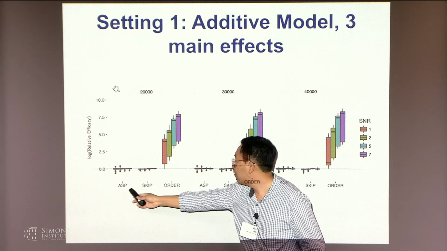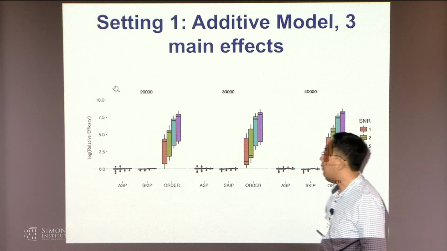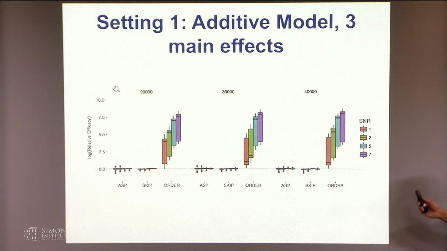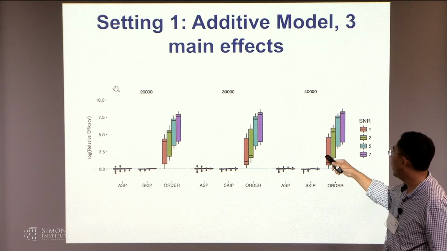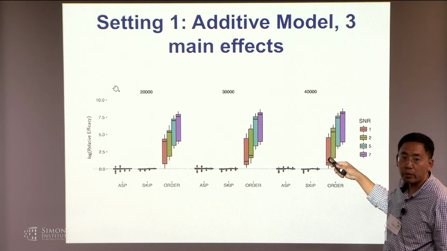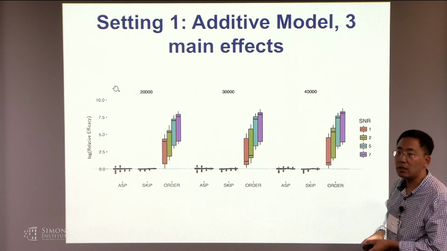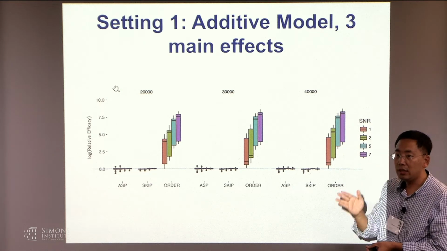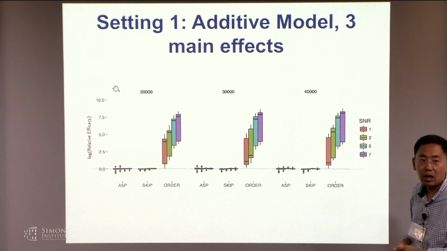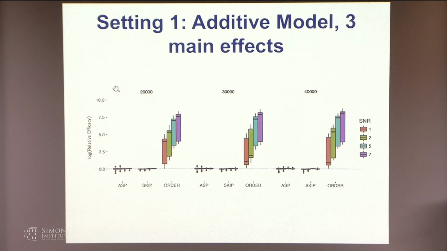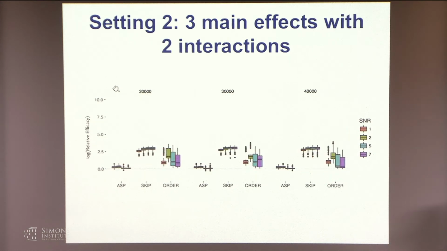This is our method, the skip method and the order method. In this particular case, setting 1, a very simple setting, we can see the order method does not work very well. The order method essentially says C equals 1.